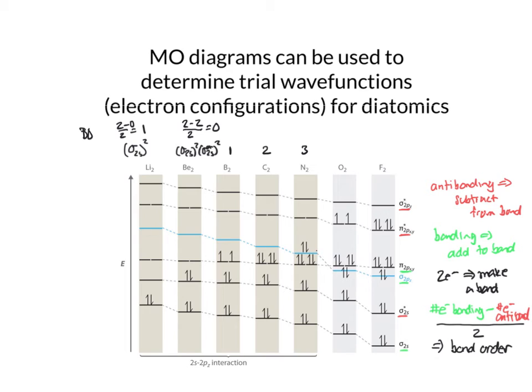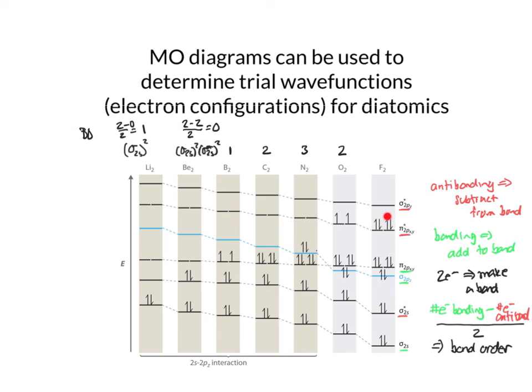If I look at oxygen, again the sigma 2s and sigma star 2s electrons cancel each other out in terms of bonding and antibonding. Now I have 6 bonding minus these 2 antibonding, so I have 4 bonding electrons overall, and a bond order of 2. And finally, for fluorine, the sigma 2s electrons cancel each other out.